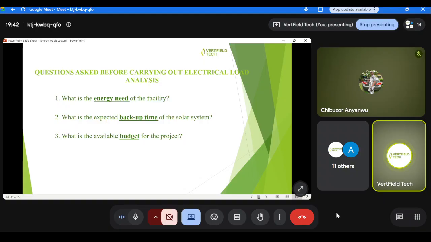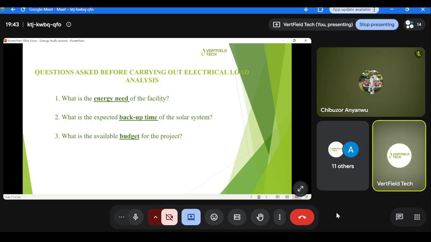he doesn't understand, and then we can break it further down for him by asking him to give us a list of the various appliances he intends to power up using the solar system. At that point in time, he can say he wants to power up his freezer, his laptop, his bulbs, his fan, and whatever.